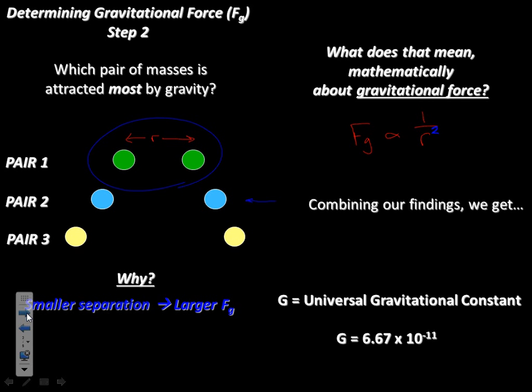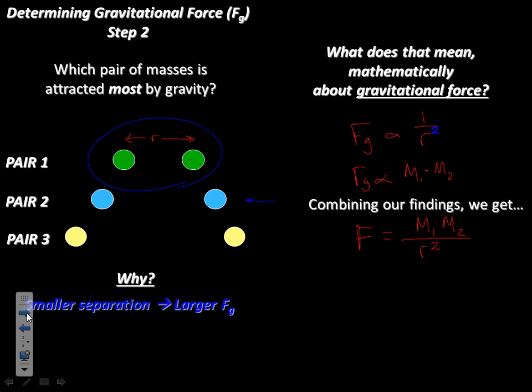So combining our findings, right? From the last page, we had that Fg is proportional to the product of the masses. So we put all these together, and we get M1 M2, there's a times in there, over R squared. Except for this thing.